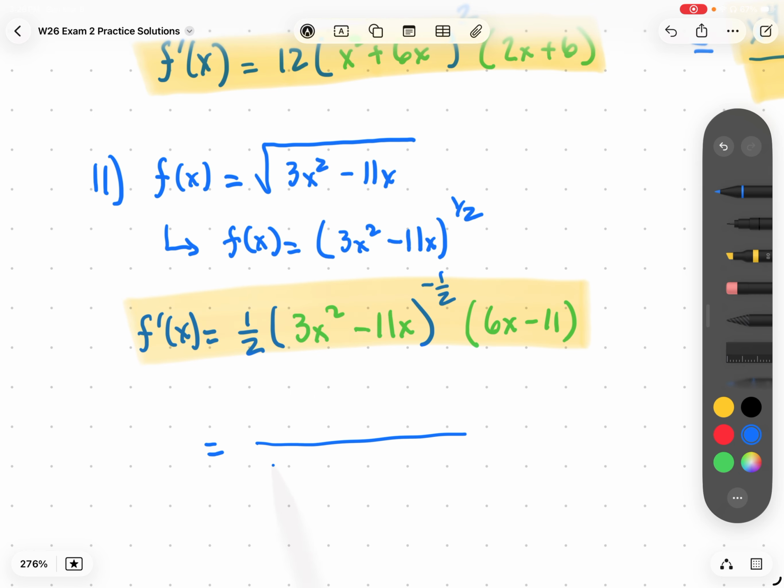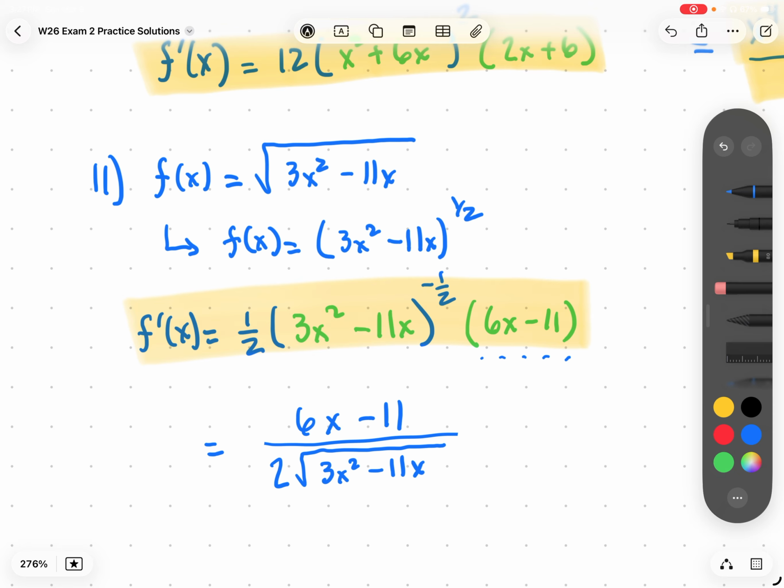So on the bottom here, I have 3x squared minus 11x raised to the positive 1/2 power. I'm going to put this under a radical because that's how we write a 1/2 exponent. And then this part here ends up in the numerator, 6x minus 11. Now, if that 11 was an even number, I could do some more simplifying, but because it isn't, we're kind of stuck here. This is as far as we can go.